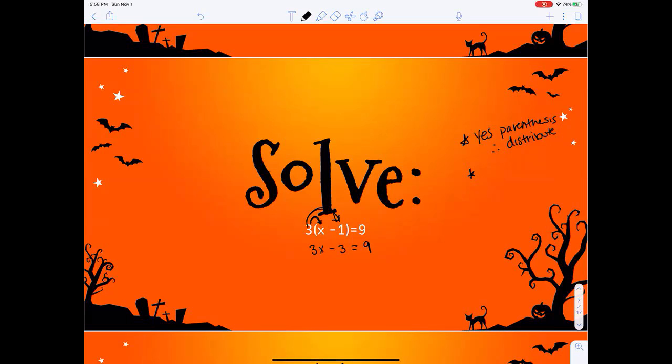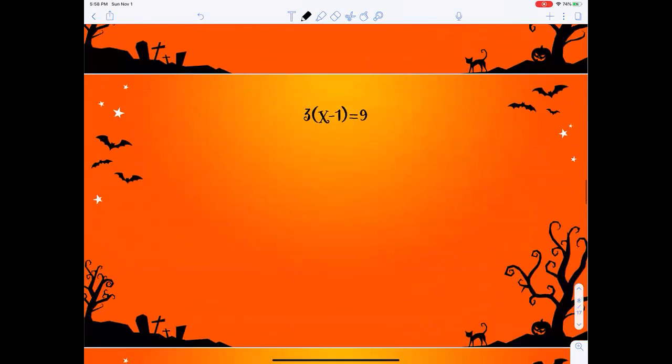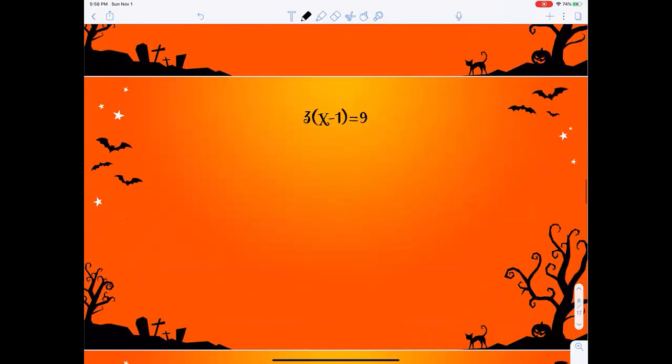And if you see again, variables are not all on one side, and numbers are not separate. So they're not on opposite sides. So again, if I were to solve this, same problem. The first step was to distribute because there were parentheses.